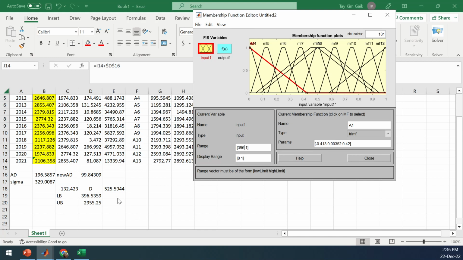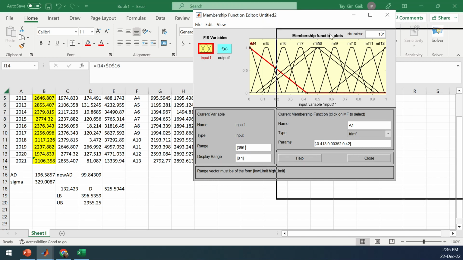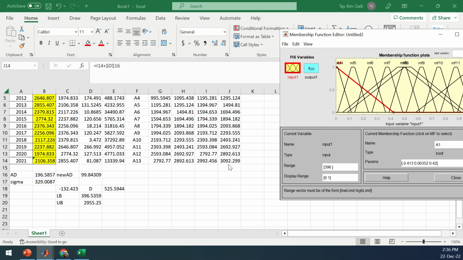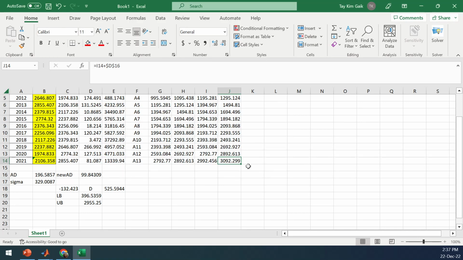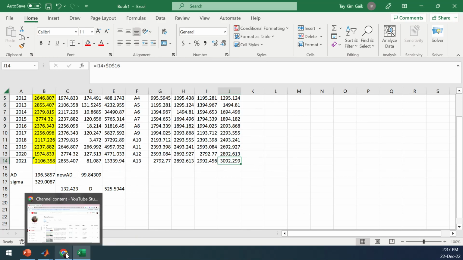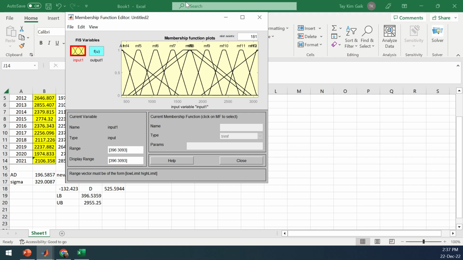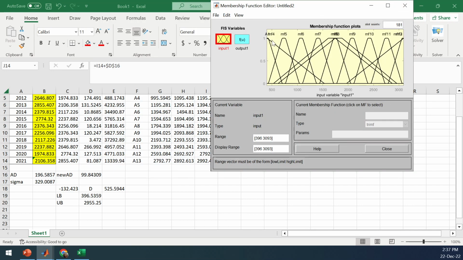Upper bound 2955, I key in a bit greater, because my value here is 3092. In the last set 3092.29, so I key in 3093. This is 396 point something, so I key in 396. Key in the lower bound 396, upper bound based on the last value of the D, 3093.